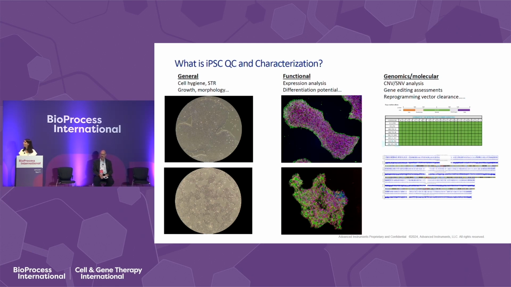And finally, the morphology, so you need to make sure that your cells are growing and looking as you would expect them to. The second category is the functional assays. This is to ensure that your iPSCs are behaving as they should, and checking that your cells are expressing the correct markers. And then finally, we have the genomic stability, which is something that I'm going to discuss a little bit further.